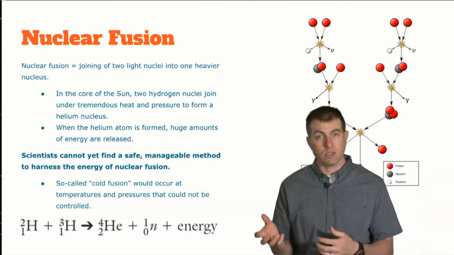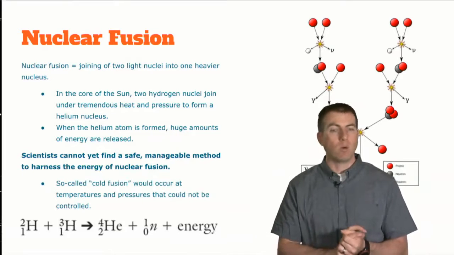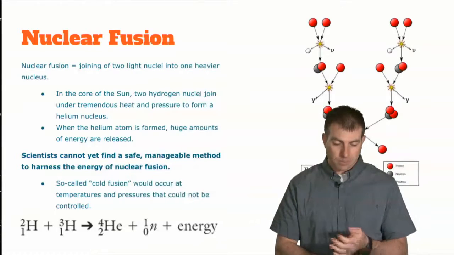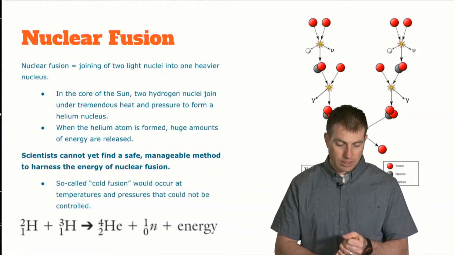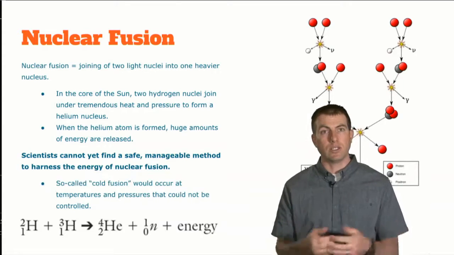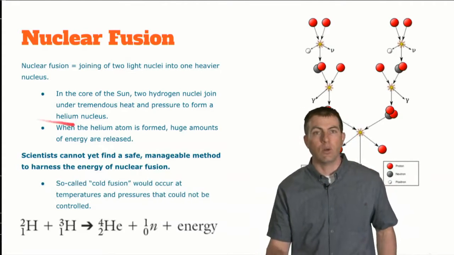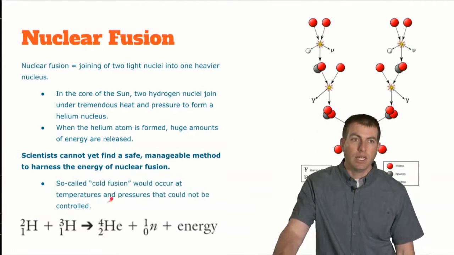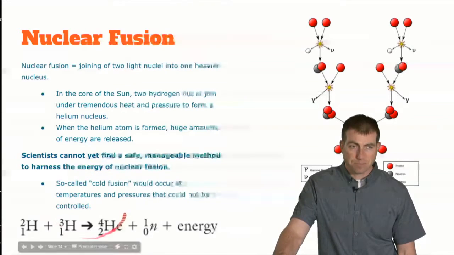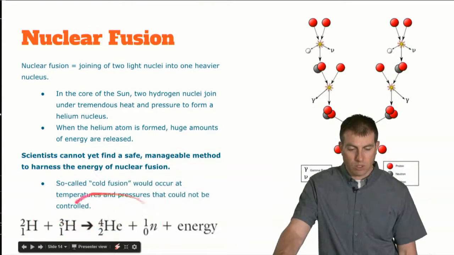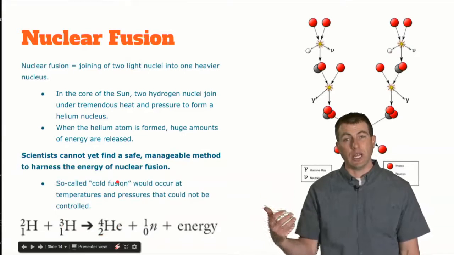We're getting close to being able to harness fusion power, but we're not there yet. So that's kind of the goal, is to get cold fusion. And cold fusion is fusion that can happen at a temperature and a pressure that will allow us to get energy out.